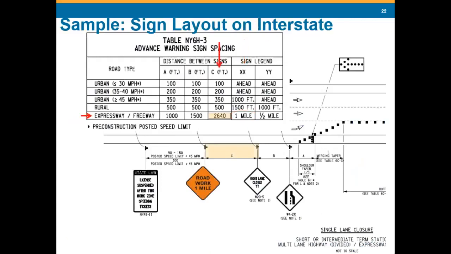This one's next. That's your right lane closed with your distances. Here's your legend. This is the YY. There's your distance, where you are in comparison to the work. And then there's your distance for your final sign, right here.